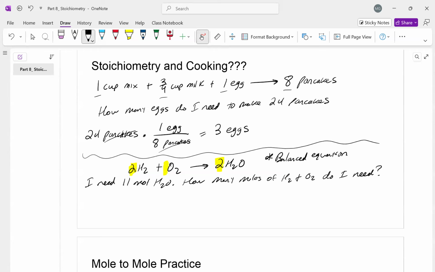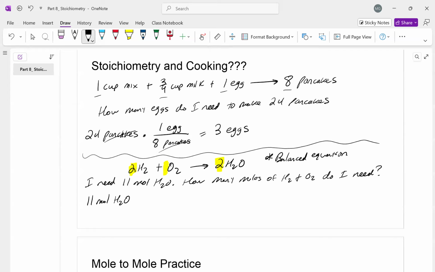But very rarely do we work on that scale. So we expand it to say 2 moles of hydrogen react with 1 mole of oxygen to make 2 moles of water. We're going to use those coefficients as our conversion factors to answer this problem. We start with what we're given.